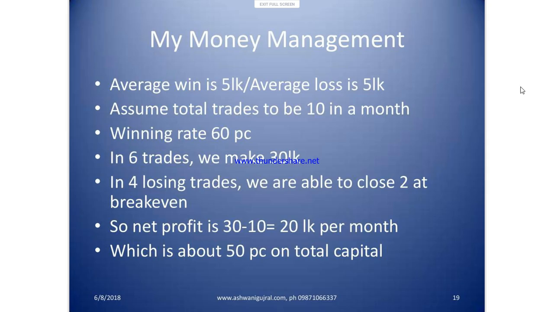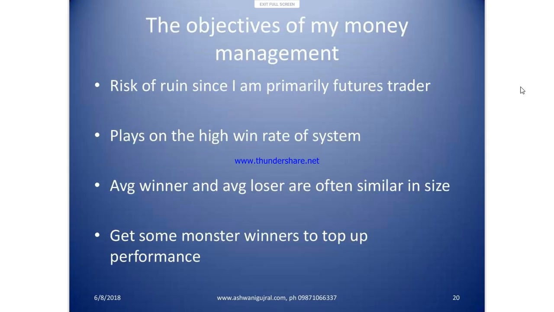This is for a trading margin of 50 lakh, but an overall trading capital of 5 crore. There have to be objectives of your money management plan. For some people, at least futures traders, risk of ruin is most important. For somebody else, it could be protection of capital.